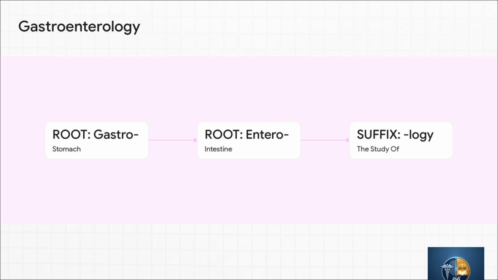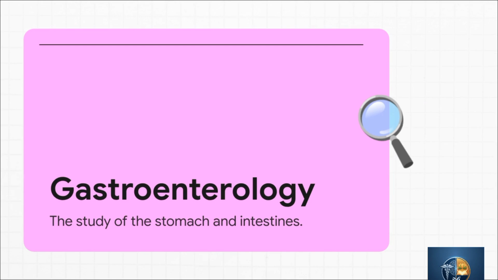So let's put it all together. We've got stomach, intestine, and the study of. And just like that, this huge, intimidating word becomes a few small, simple ideas stacked together. Gastroenterology is just the study of the stomach and intestines. That locked box from the beginning, it is wide open.